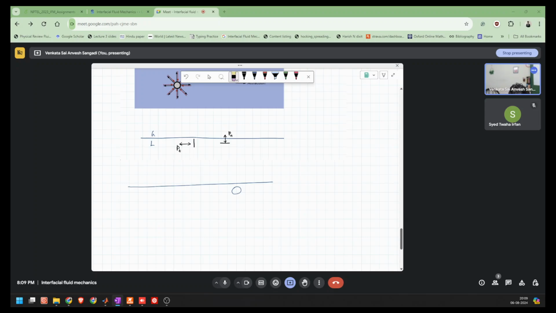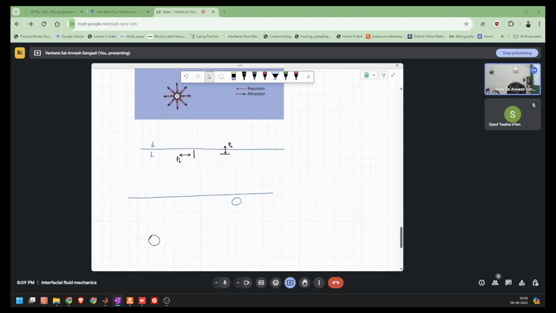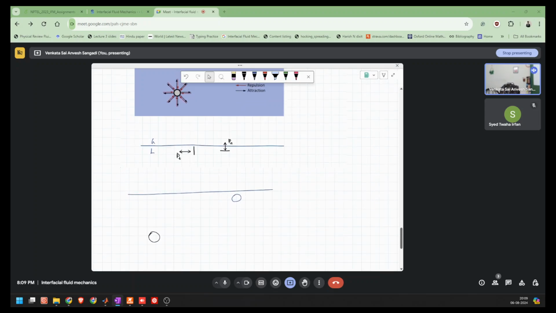Yeah, let's make it in the bulk, and red is repulsion, and black is attraction.